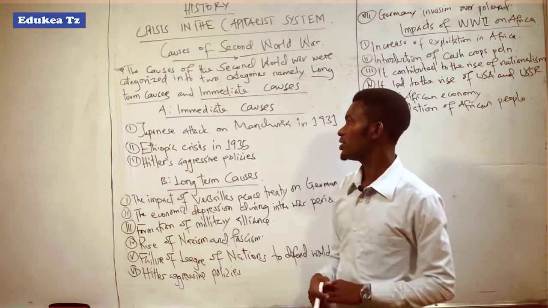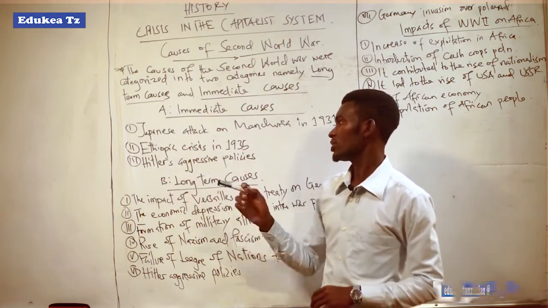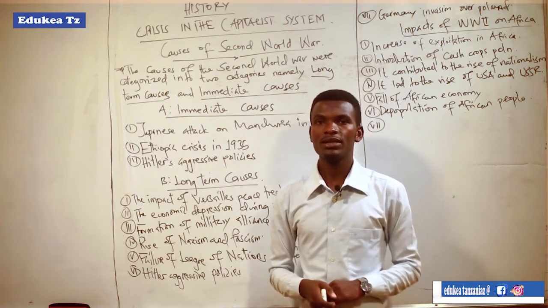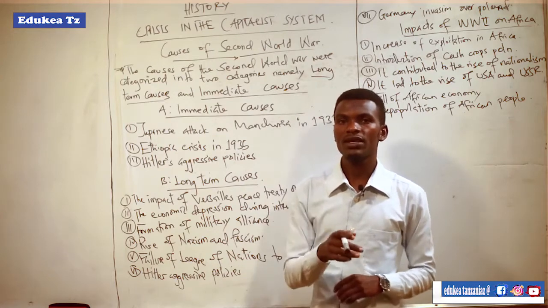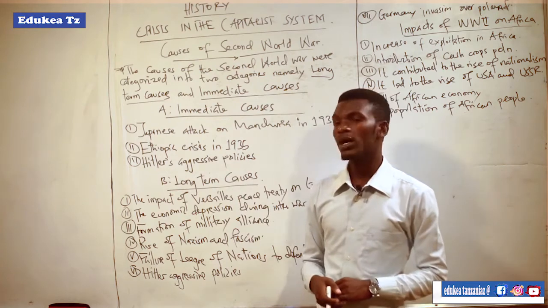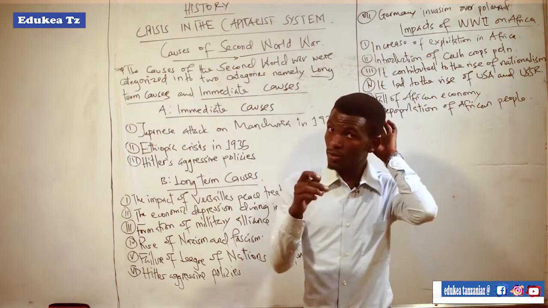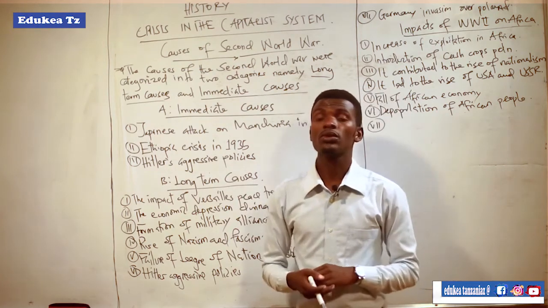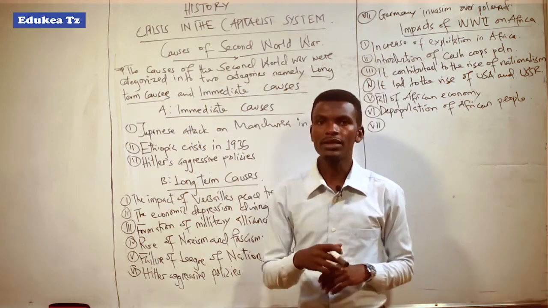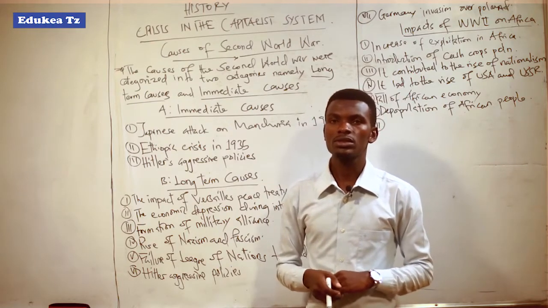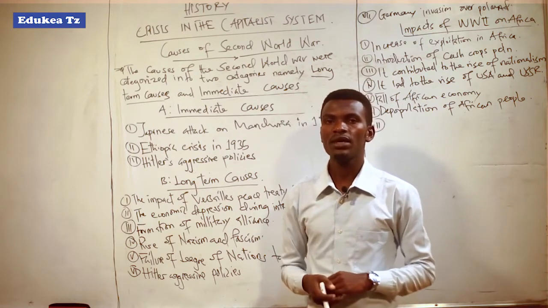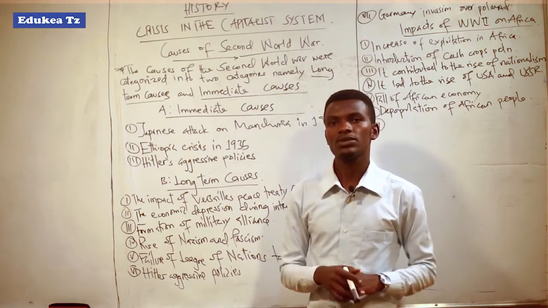Another immediate cause was the Ethiopia crisis in 1935. It means that this was the crisis when Italy under Benito Mussolini invaded Ethiopia, and Ethiopia was under a European country which was on the allied power. This action angered the League of Nations, which had agreed that no European nation must interfere in other European nations' spheres of influence.